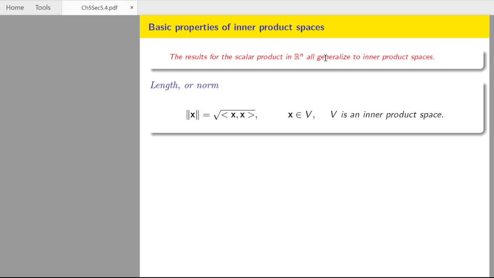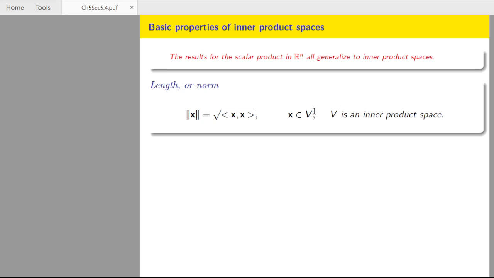First of all, we define the length or the norm for a vector x in the vector space. We call this an inner product space because, in a general vector space, we may not have an inner product.